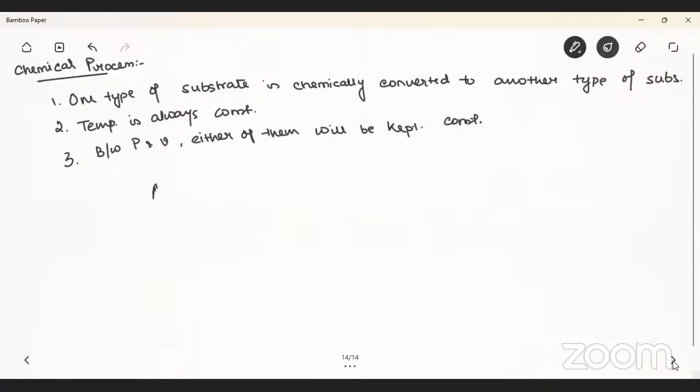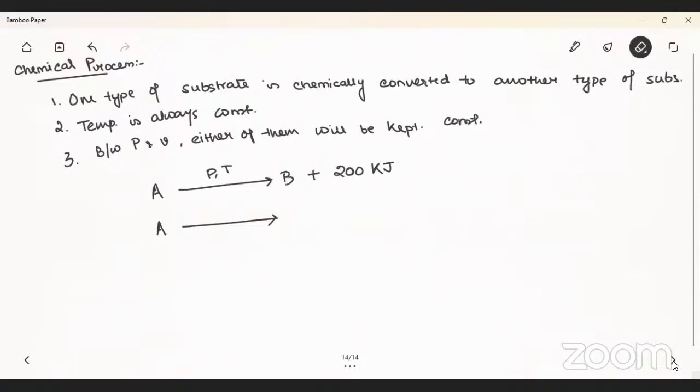Suppose A is converted to B. Here pressure and temperature are constant and volume is different. And when B is formed, we get 200 kilojoules of energy as an outcome. In another process, so that you don't get confused, let's consider it to be X. X is converted to Y. But here, what is kept constant?